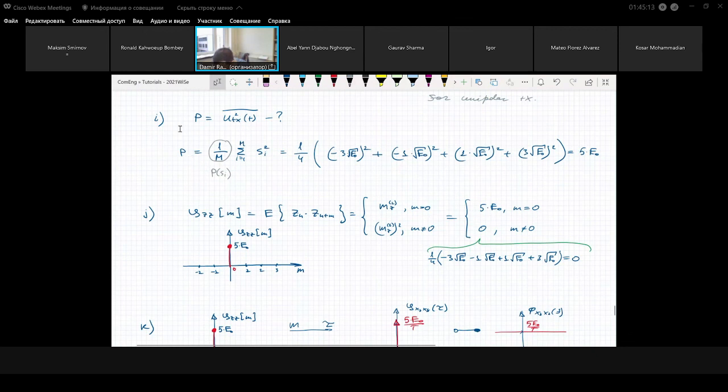Yeah, I mean, for part E, the question was about power, and we have written square root of E0 there. It's absolutely right.